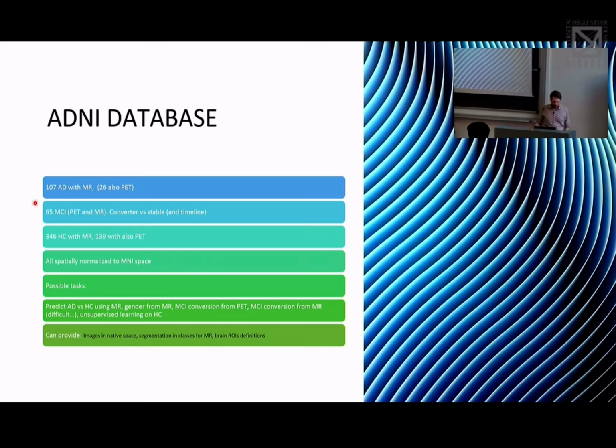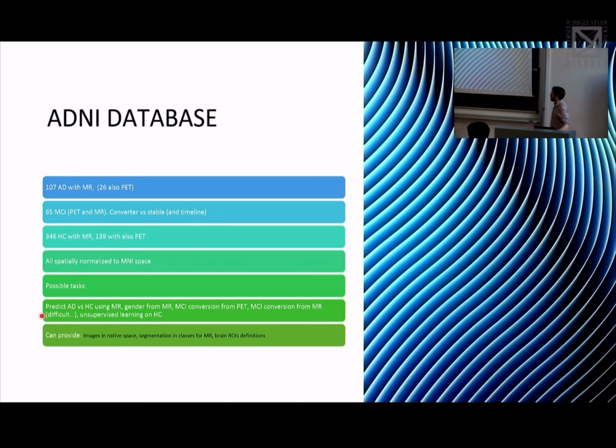I've written here that I have 100 MRs, 308 healthy controls and 16 MCI subjects, but actually I also have a full database of about 12,000 images, which will take quite a bit more time to process. I've already done some pre-processing to the MNI space, which takes lots of computational resources.